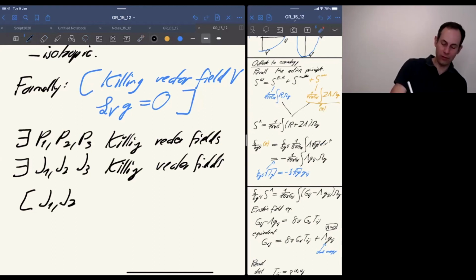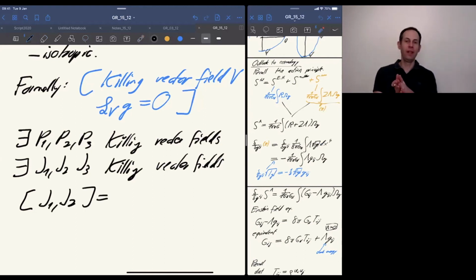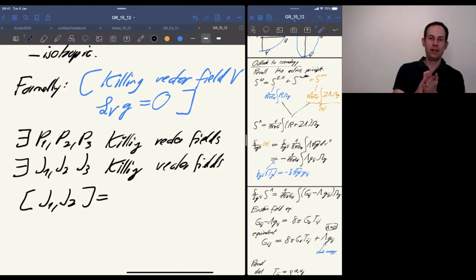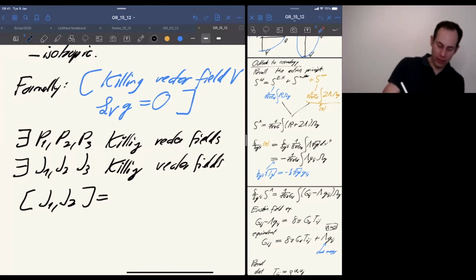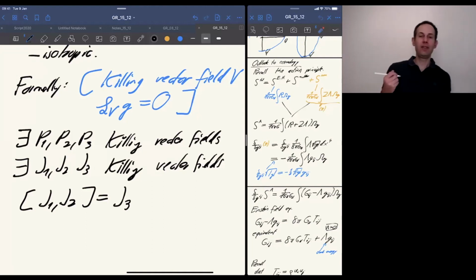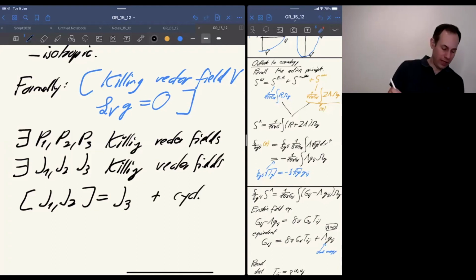And of course, you know that, for example, if you rotate around J1 and then J2, and then do it in the opposite order, backwards, then it's the same as rotating around J3. So you define the vector fields that correspond to a rotation by their commutation relation.